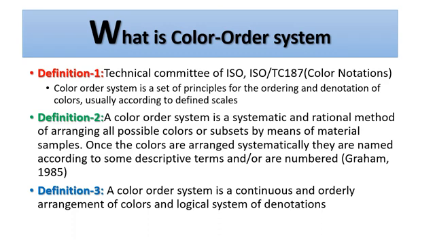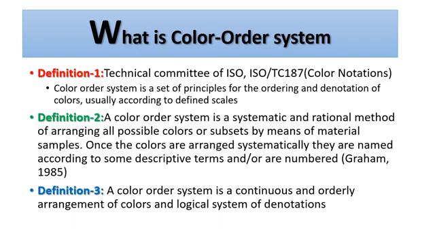According to them, a color order system is a set of principles for the ordering and denotation of colors, usually according to defined scales. The second definition comes from a chemist, Graham Douglas, who worked in color chemistry. According to him, a color order system is a systematic and rational method of arranging all possible colors or subsets by means of material samples.